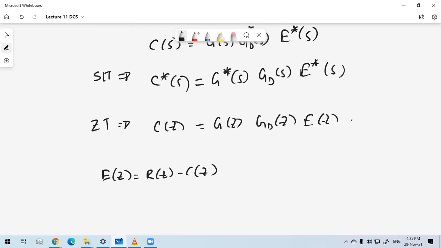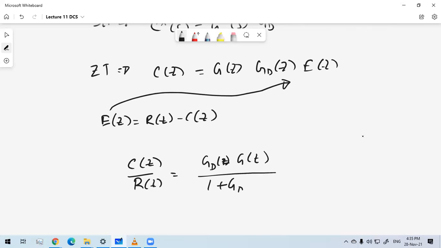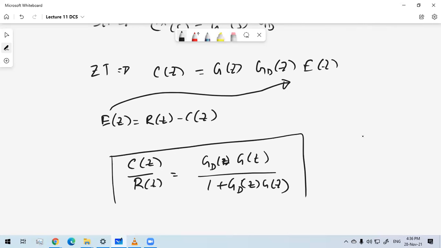So you just put this value into this equation and do a bit of manipulation. Eventually, what you're going to get is C(z) by R(z) will be GD(z)G(z) divided by 1 plus GD(z)G(z). So this is your pulse transfer function of the closed loop system with the digital controller inside.